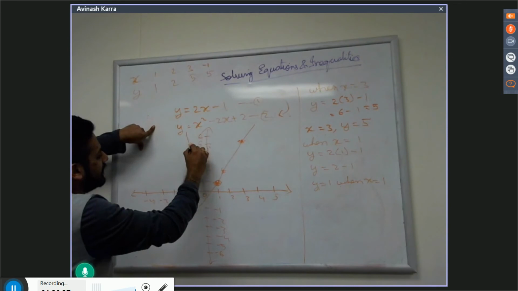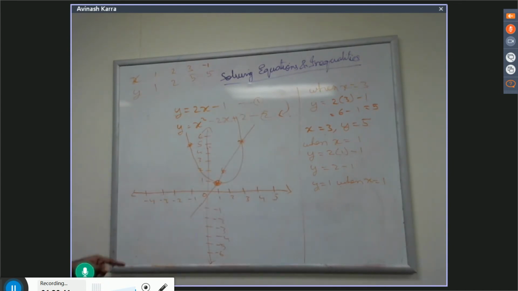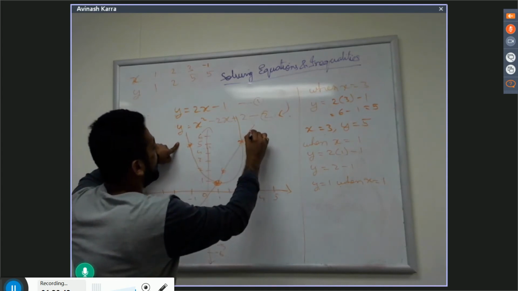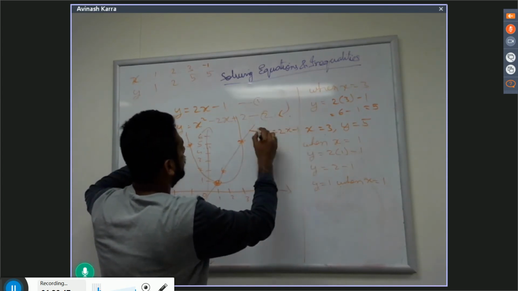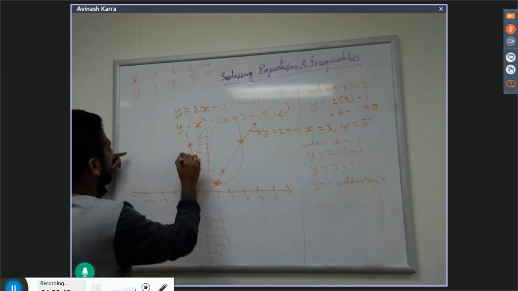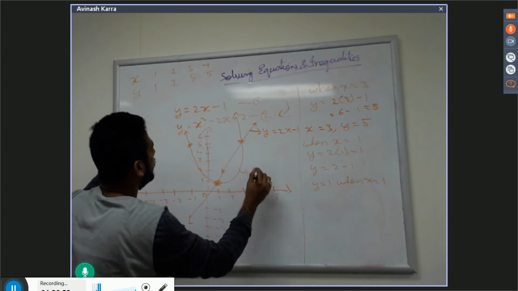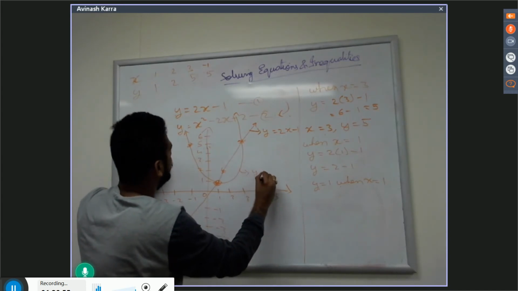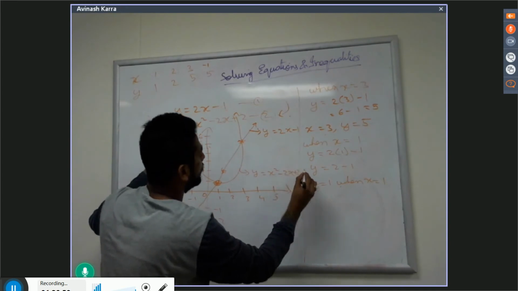Let the parabola be like this. This will be y is equal to 2x minus 1. This line will be, and this parabola will be y is equal to x square minus 2x plus 2.